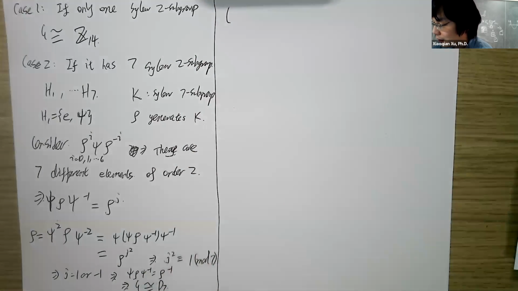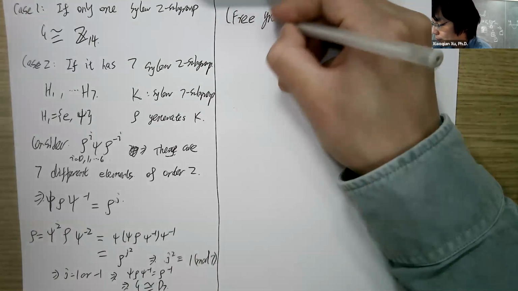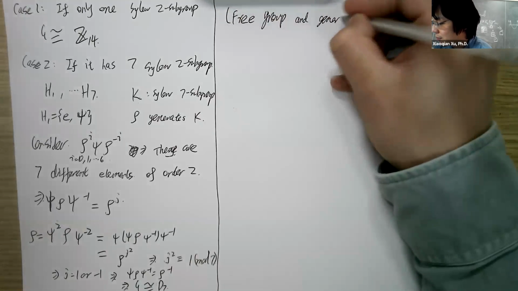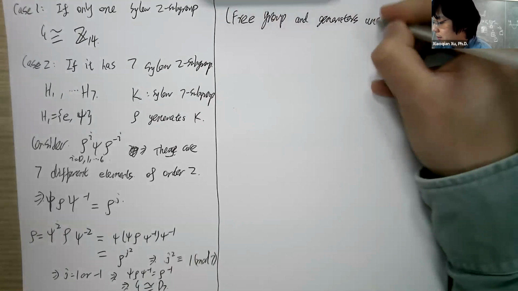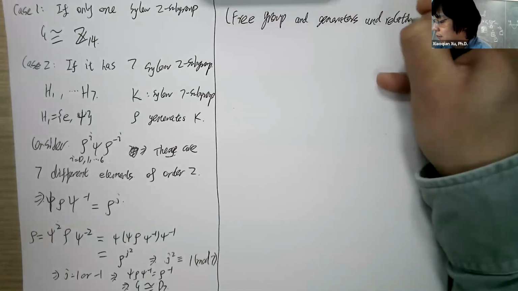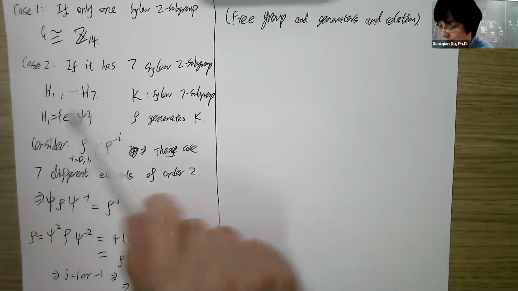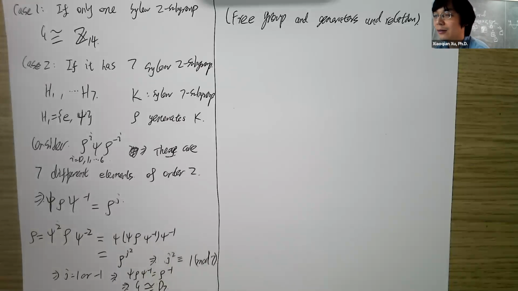This is something about the free group, generators and relations. It's in Artin's book. You can try to check it, and then you will see why, as long as we can check this relation is satisfied, this group has a unique structure.